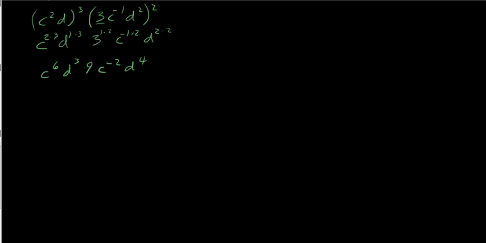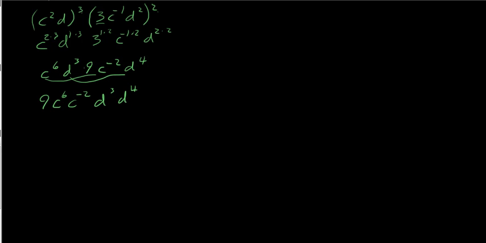So then we want to look at these c's here and these d's here, and we want to get those put together. So let's go ahead and grab our 9 and put it out front. And then c, we're going to have c to the sixth, c to the minus second, and then d to the third, and d to the fourth. Okay, so when we have the same variables with their exponents, we want to add those together when we multiply them like this.